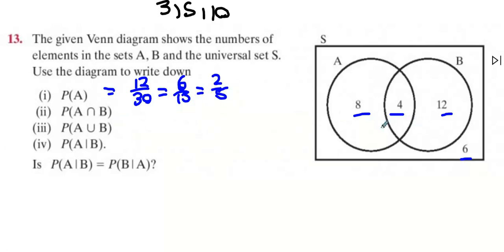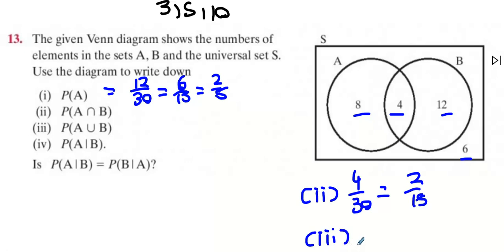A intersection B, part 2. What is it? 4 out of 30, which is 2 of 15. A union B: 24 out of 30, which is 4 out of 5. Part 4, A given B.